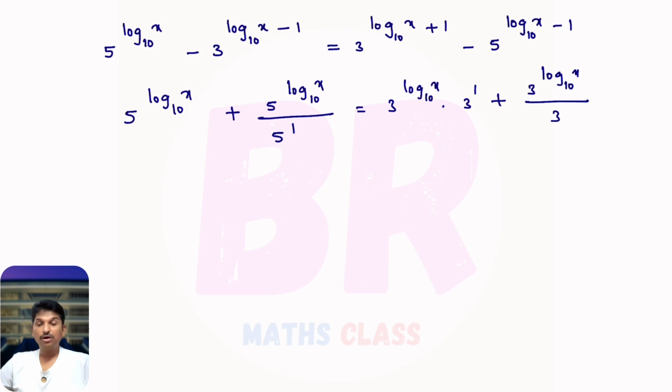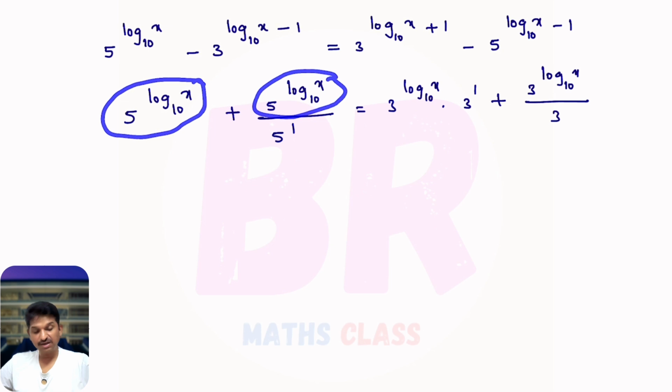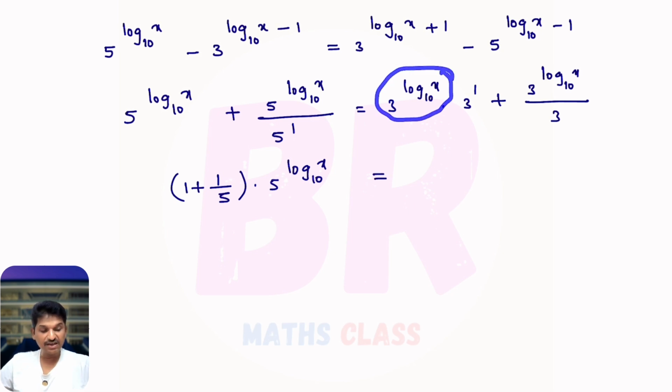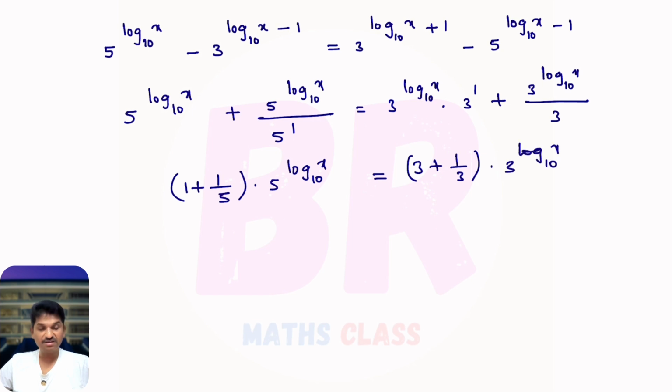Now if you observe here 5 power log x base 10, I can take common, right? You take 5 power log x base 10 common, then what you will get? 1 plus 1 by 5 power 1 into 5 power log x base 10 equal to, on the right hand side part I can take 3 power log x base 10 common, then what you will get? 3 plus 1 by 3 into 3 power log x base 10.